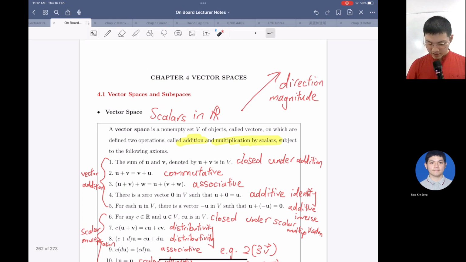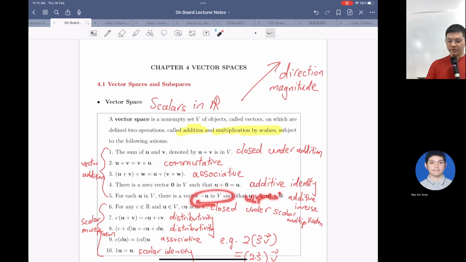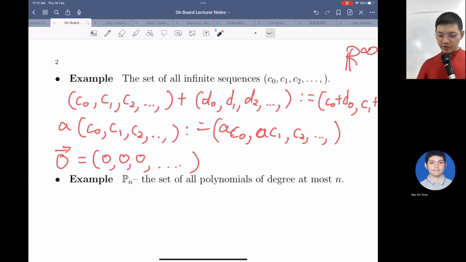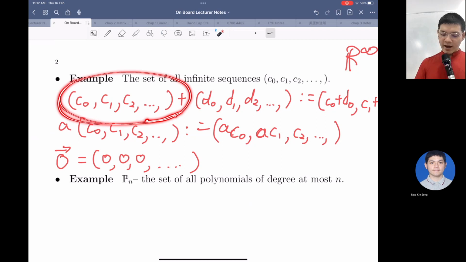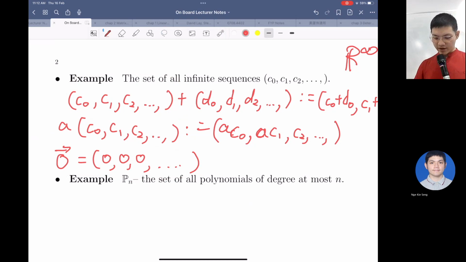So what else do you need? For each u, you need a minus u such that u plus minus u is equal to 0. Let's say u is c0, c1, c2, dot dot dot.